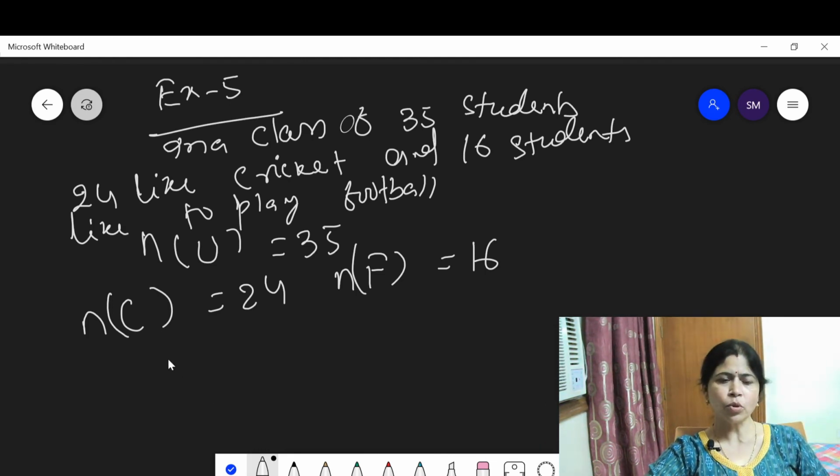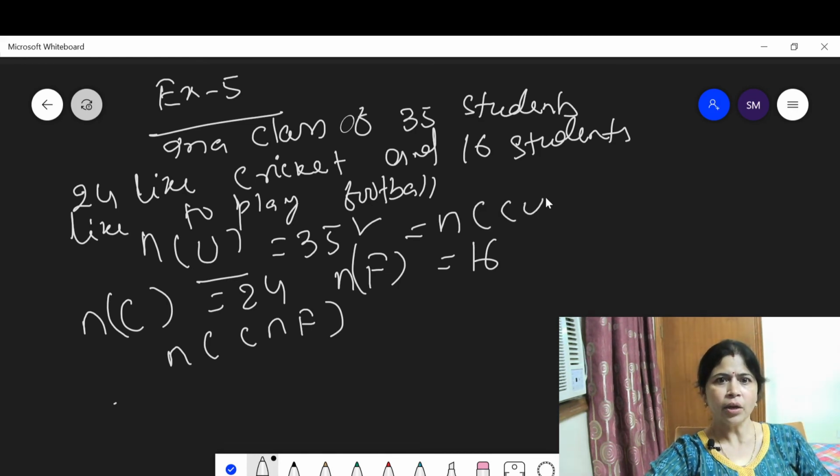Like in the previous question, here also we have to find n of C intersection F. As we know, the universal set is 35, which is equal to n of C union F. Here C union F is 35, given. We have to find the intersection of C and F.